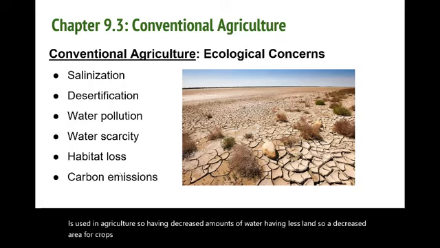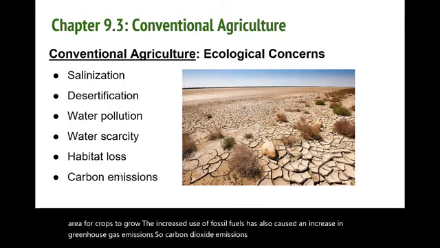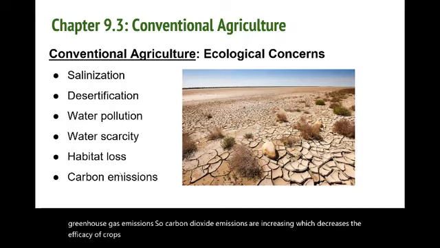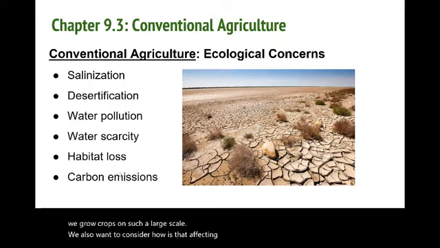The increased use of fossil fuels has also caused an increase in greenhouse gas emissions. So carbon dioxide emissions are increasing, which decreases the efficacy of crops growing well. So all of these are really important ecological concerns because as we grow crops on such a large scale, we also want to consider how is that affecting the ecosystem in that area, right?